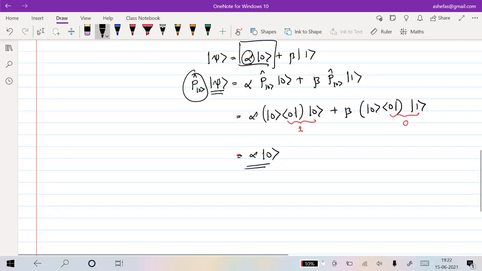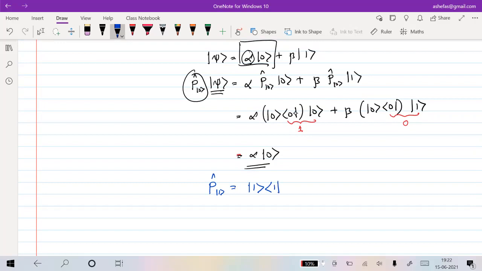Then if you define another projection operator, for the time being we can represent it as P1. It is defined as the outer product |1><1|, and we can show that it satisfies both the properties of a projection operator, and indeed it can be considered a projection operator.